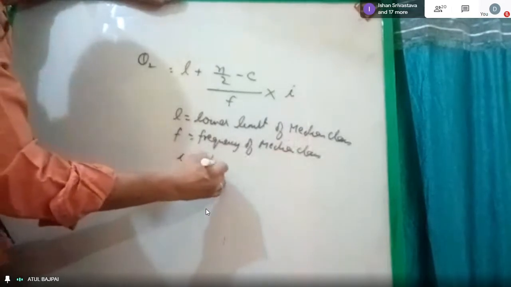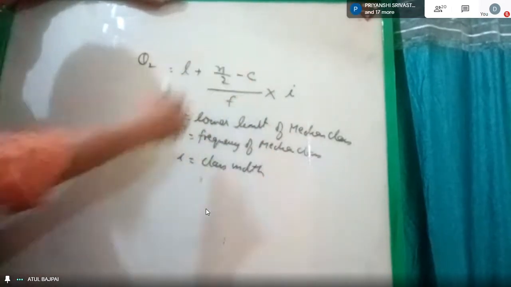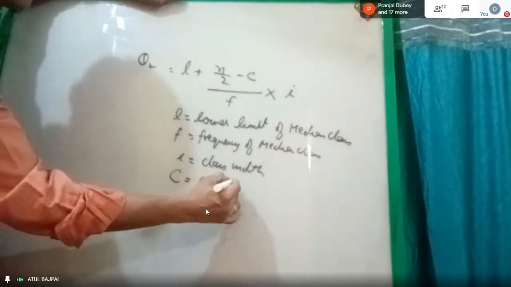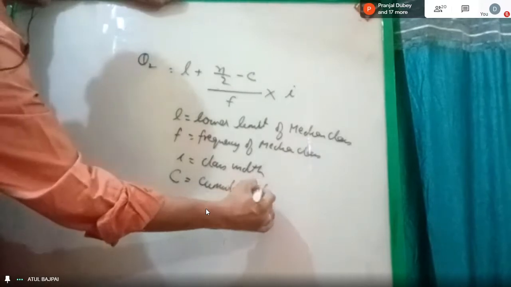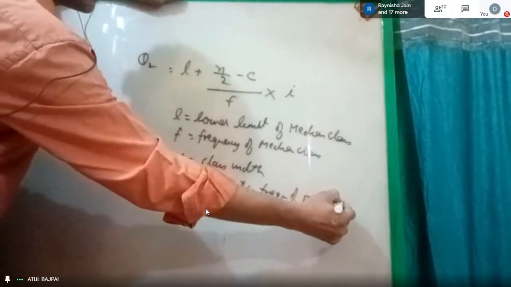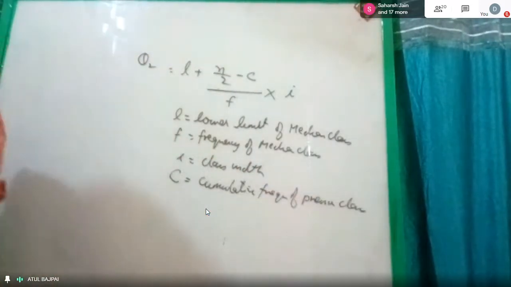I is the class width, and capital C is the cumulative frequency of the previous class, and these remain the same for all of the values.